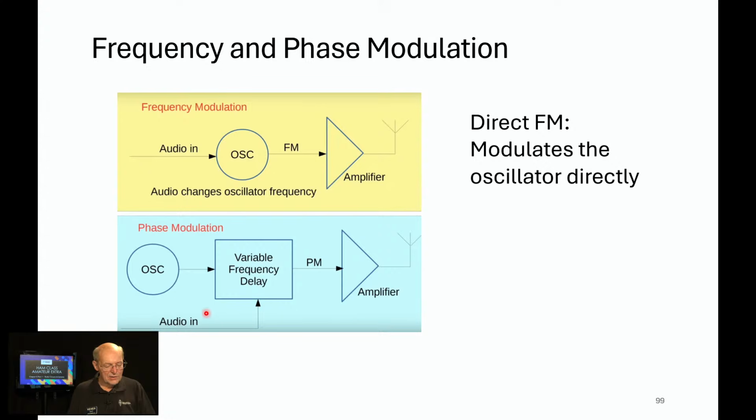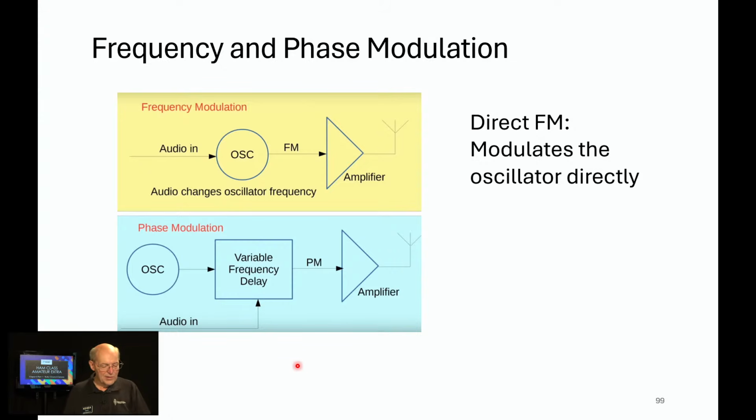Phase modulation, now notice what's happening here. Here the audio is going into a device that's called variable frequency delay, also a varactor diode, but it's after the oscillator. So we're changing the phase of the signal at that point, which sounds or acts just like direct FM on the receive side, goes out through an amplifier and out the antenna.